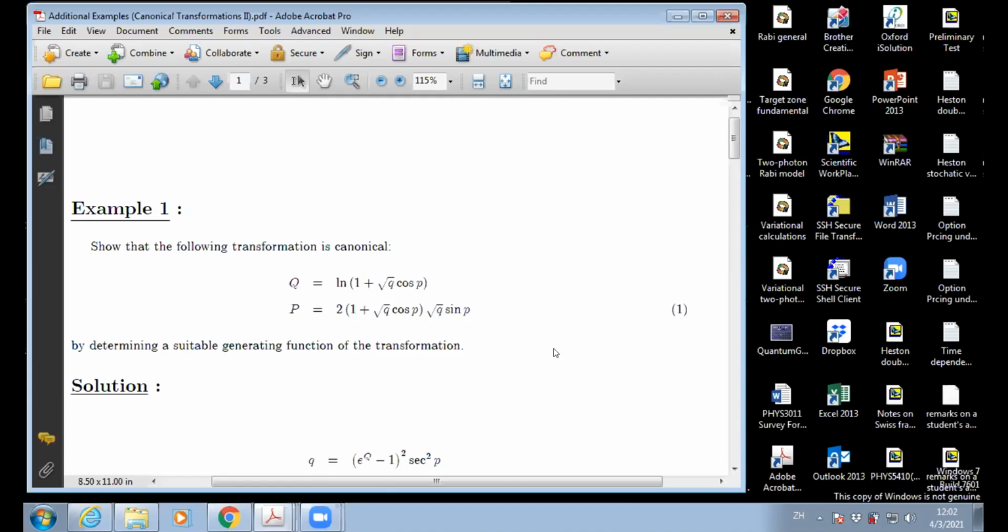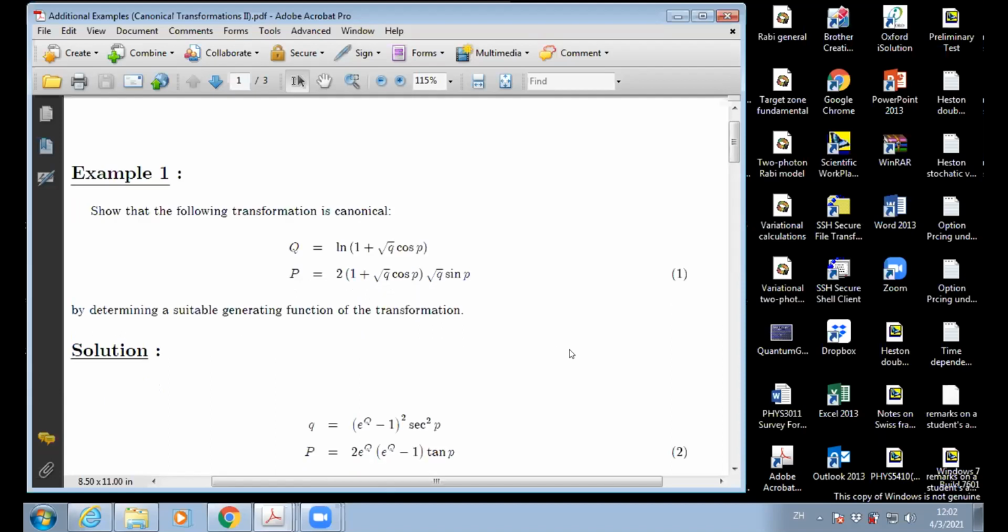Let's see. This problem can be solved easily. All right. 5 more minutes. Can you go ahead and try it? Give you some hints. Find a generating function of type 3.